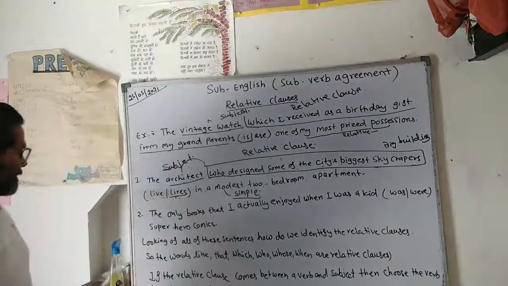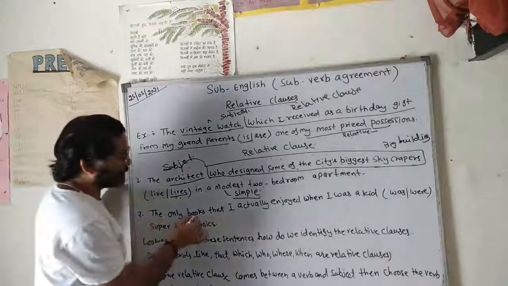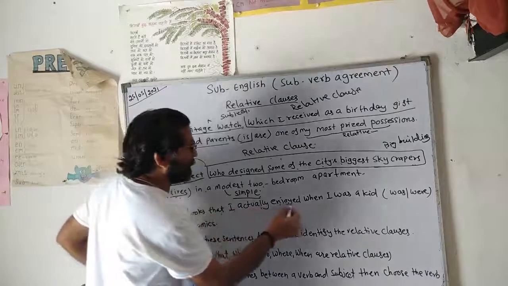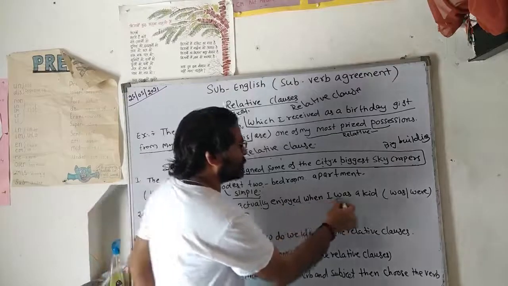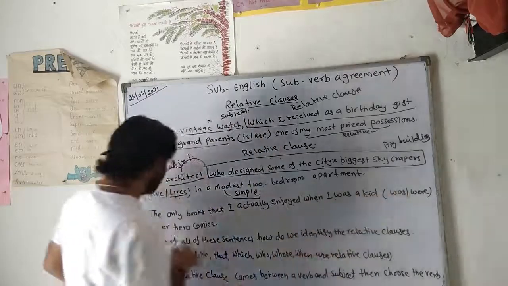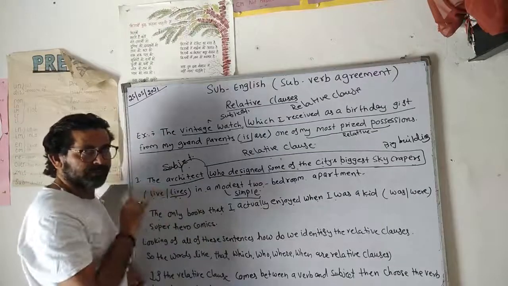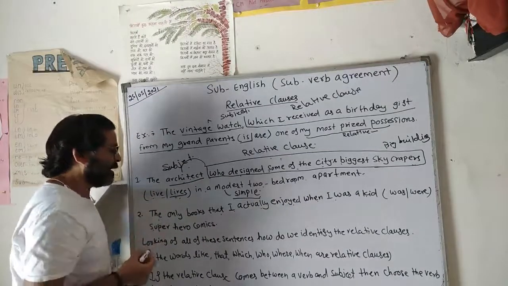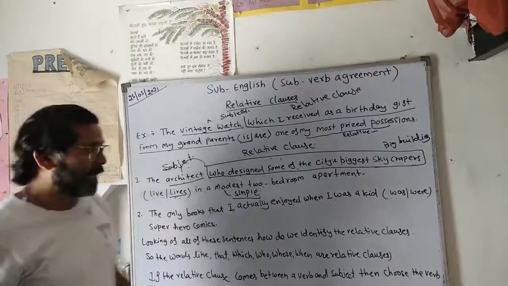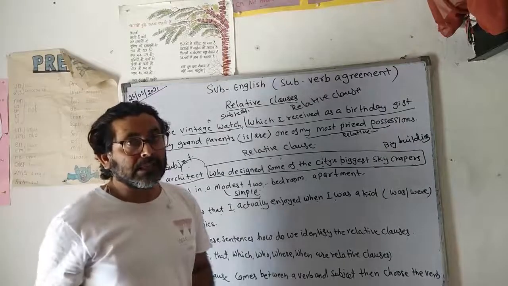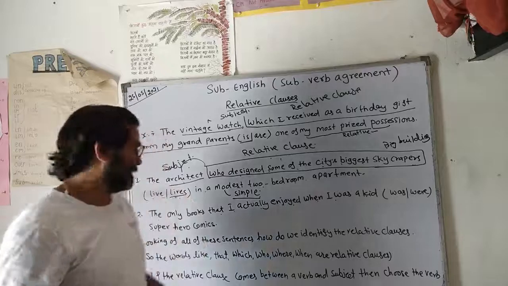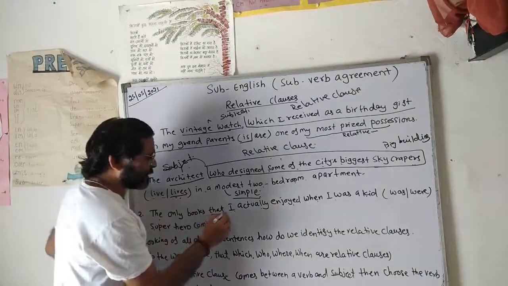Right. The next sentence is: the only books that I actually enjoyed when I was a kid were superhero comics. Yeah, it's a long sentence. And first of all, what we have to do is identify the relative clauses in the sentence. So that is a relative pronoun.